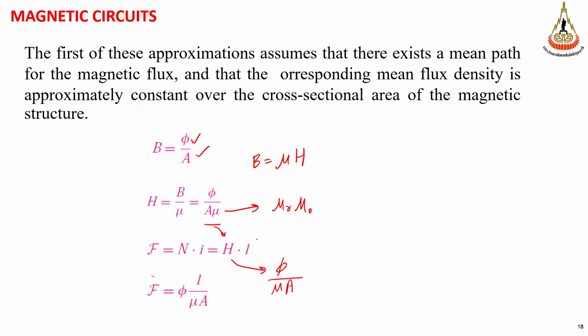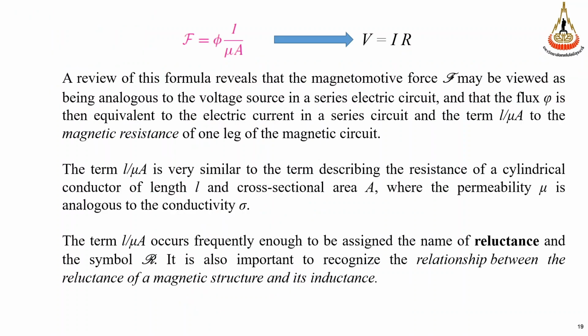And this is L, not 1; this is the range of the path. So the magnetomotive force, flux into L divided by mu A, is similar to the equation V equals I into R. This is the magnetomotive force, the force to drive the magnetic flux.